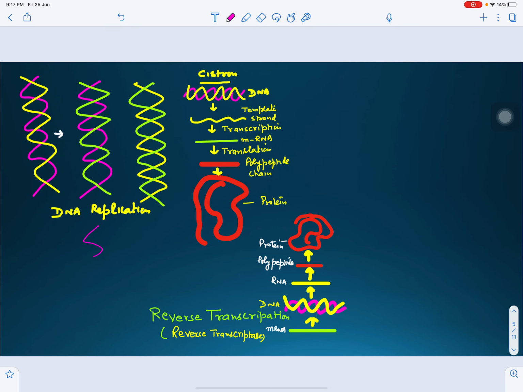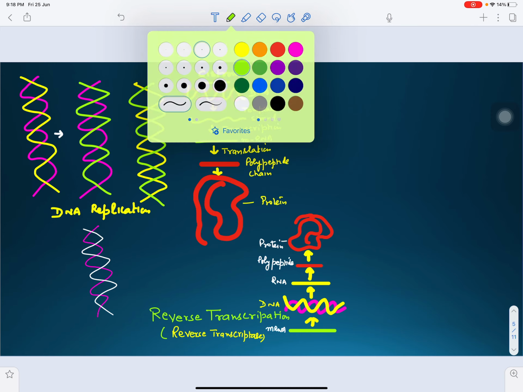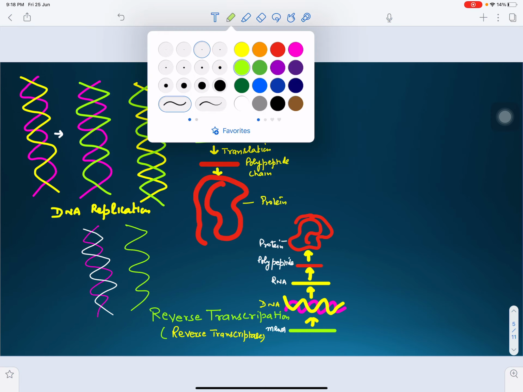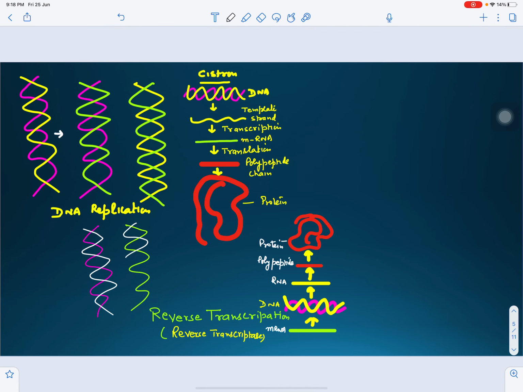This DNA can also open up like this. And this can lead to the formation of another strand like this. Similarly, this one strand will also form. So this formation of many copies of DNA is called as DNA replication.